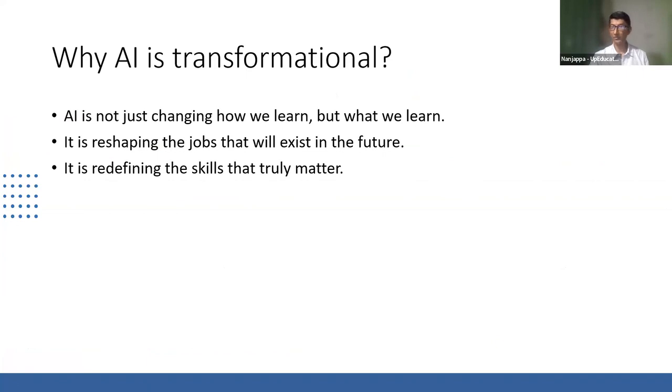The skills that are needed now have changed. And of course, we don't know what kind of jobs will be much in need when the students who are studying now pass out. So how can a school leader leverage AI? We will be looking into these scenarios or use cases in a while.